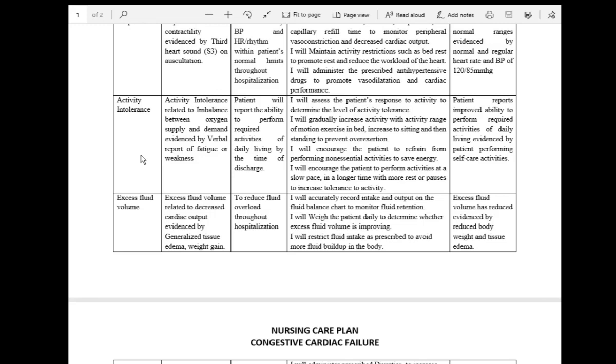The first nursing intervention is I will assess the patient's response to activity to determine the level of activity tolerance. So here we are going to assess how the patient is responding to activity. In a case where this patient is mostly in bed, we're going to tell this patient to try out an activity, for example, walking.